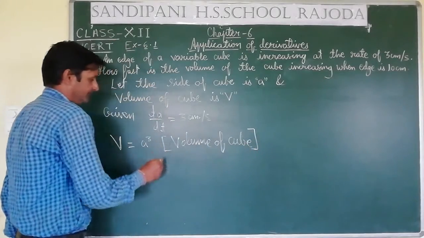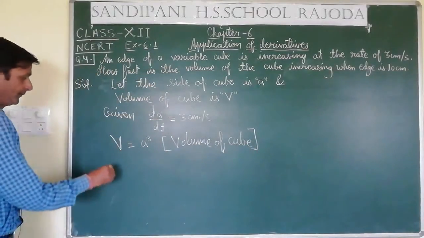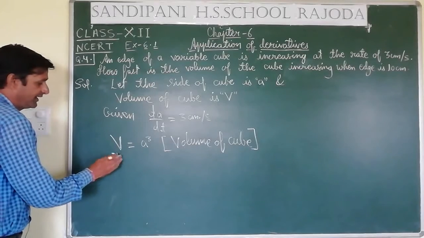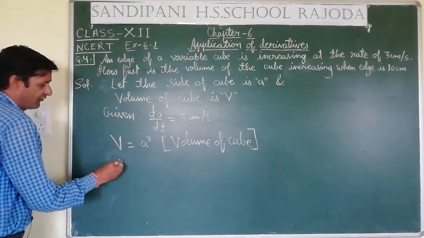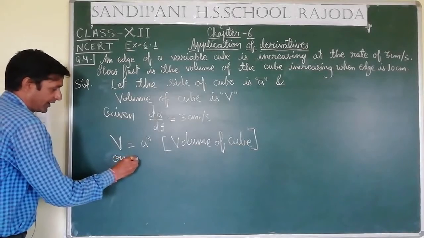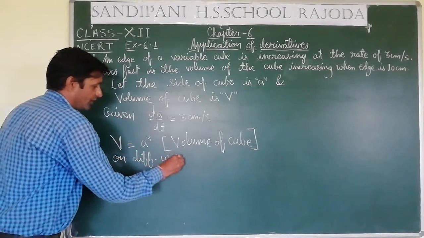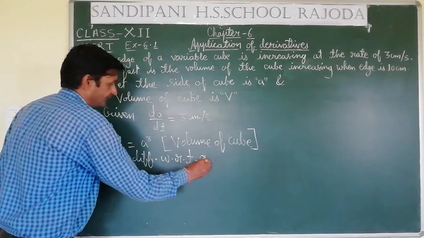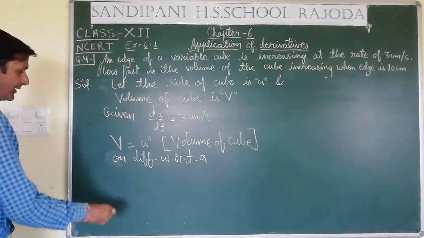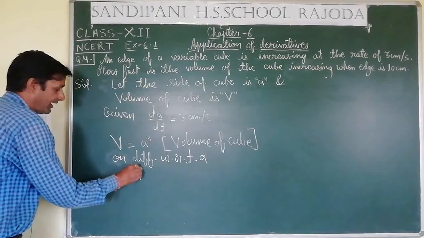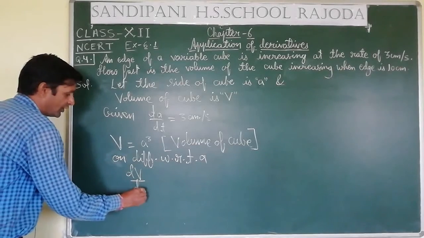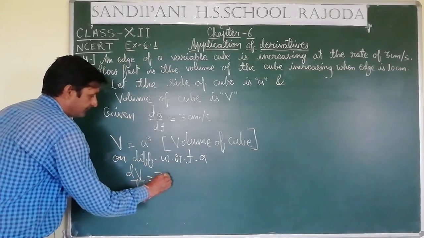Now, on differentiating with respect to A, if we differentiate it with respect to A, then dV by dA is equal to 3A square.